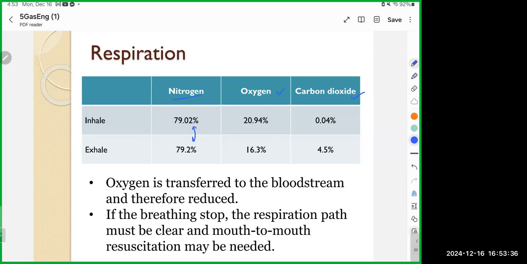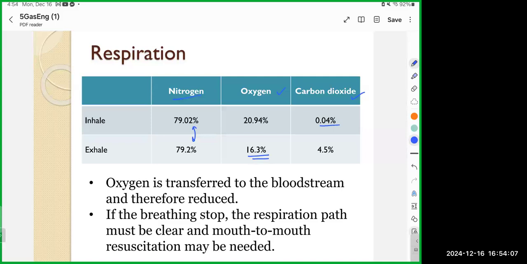As you can see, when you inhale, almost 21% of the inhaled air is oxygen, right? But in the exhale, it releases oxygen at around 16.3%. However, for carbon dioxide, the inhale has almost 0% in our environment.